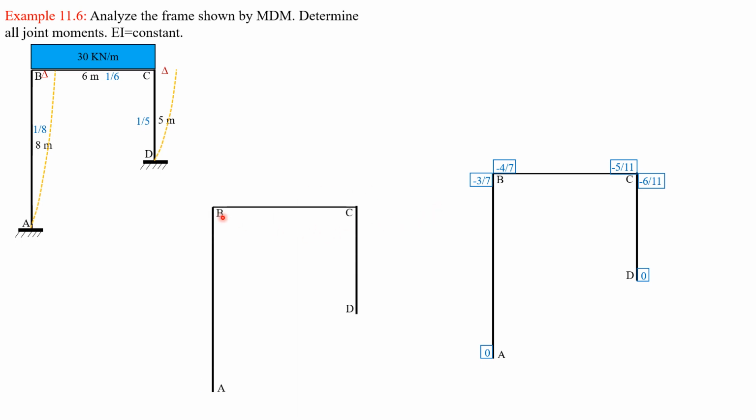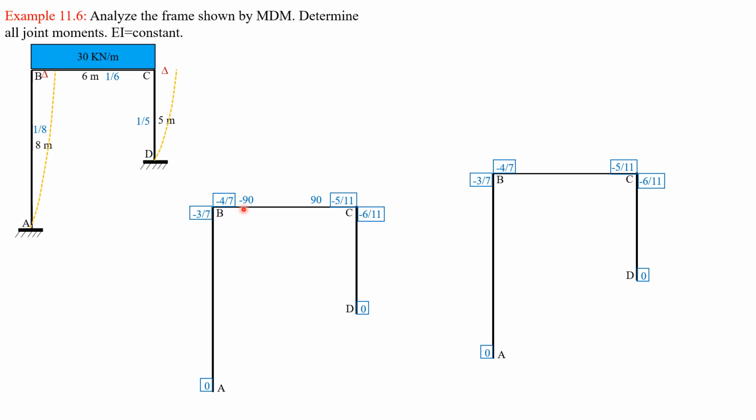So again, the distribution factors are as shown. And the fixed moment here is negative 90, and here, positive 90.